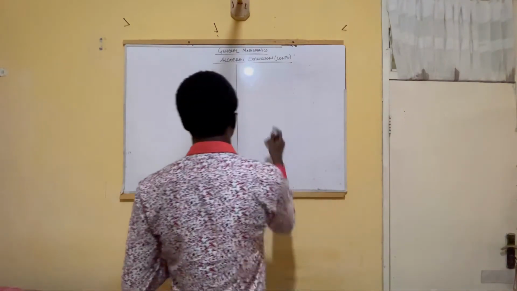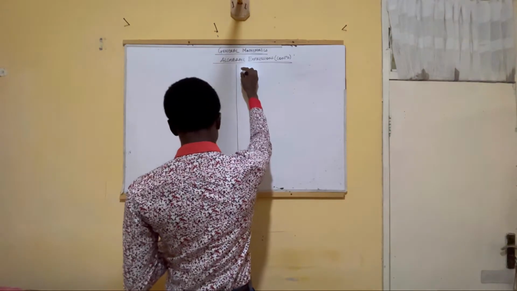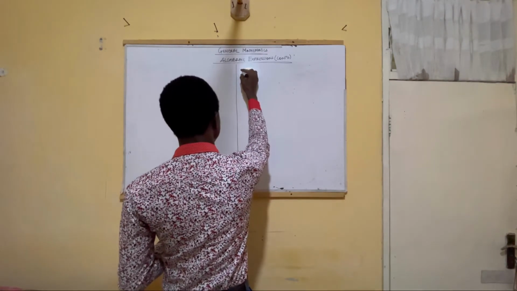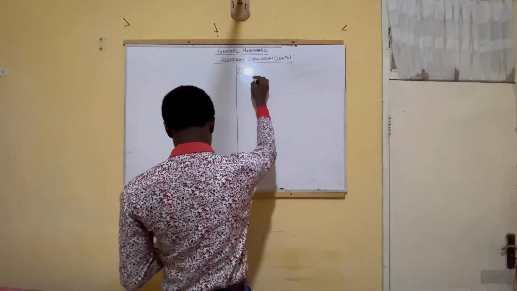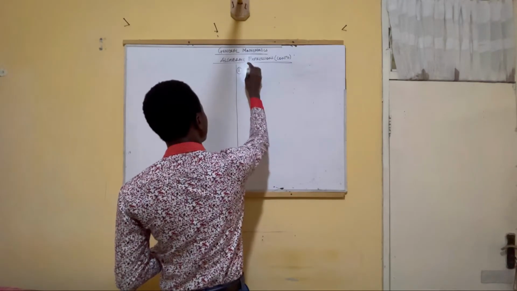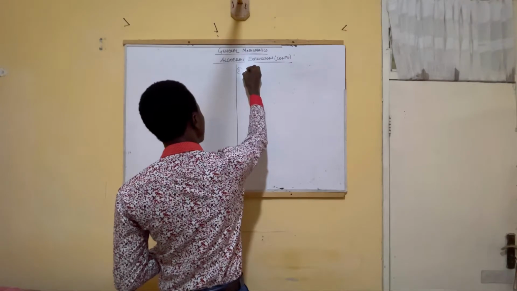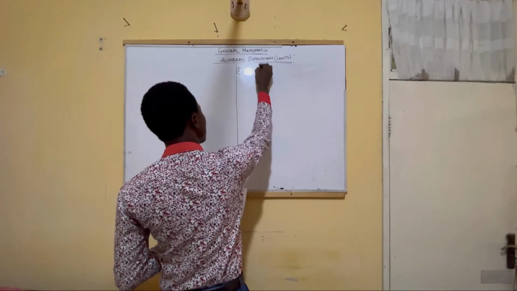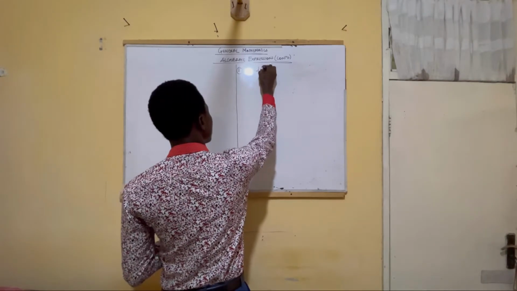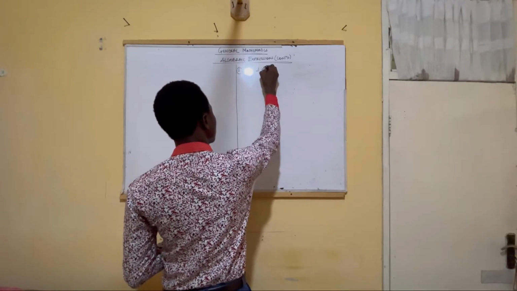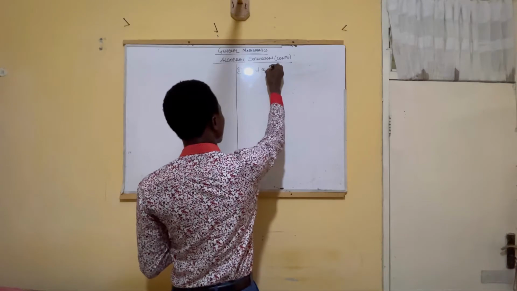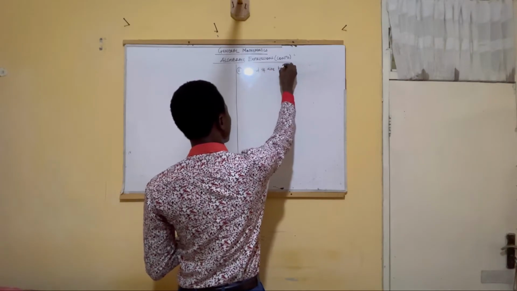Okay, so last time, these are the examples I did not solve with you. Example 2: P and Q are two numbers.